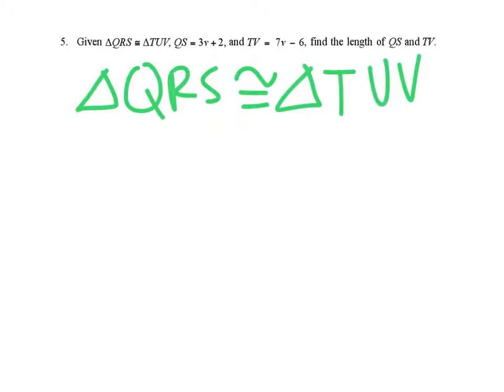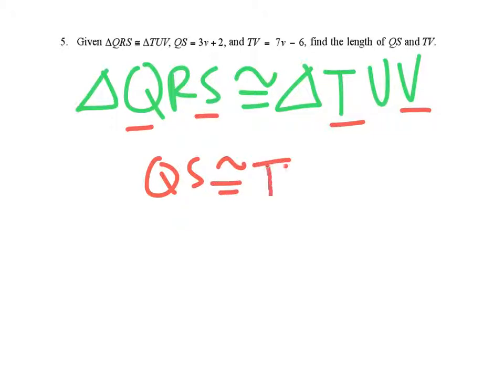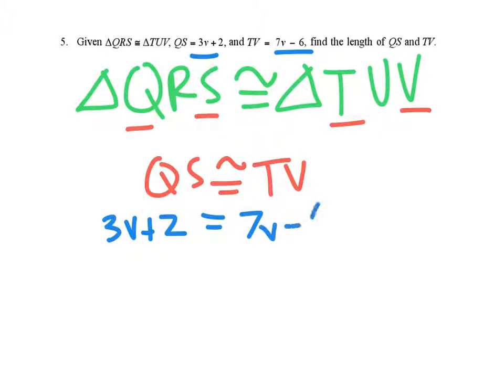I notice that QS is my first and my last letter, and TV is my first and the last letter. So they're in the same spot. So that tells me that QS has to be congruent to TV. So when I set up my equation, I'm going to set these 2 things equal to each other. So 3V plus 2 equals 7V minus 6.